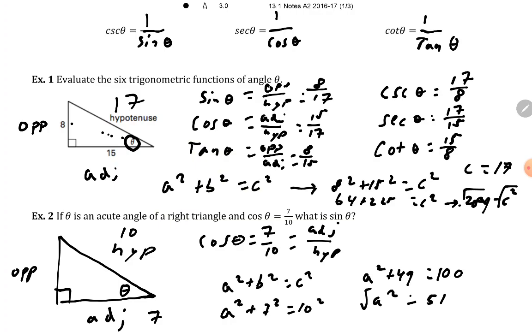So the square root of 51 is some number. You can put it into a decimal form, or you can leave it as is, because sine of theta is opposite over hypotenuse. So that is the square root of 51 over 10. And that's your answer.